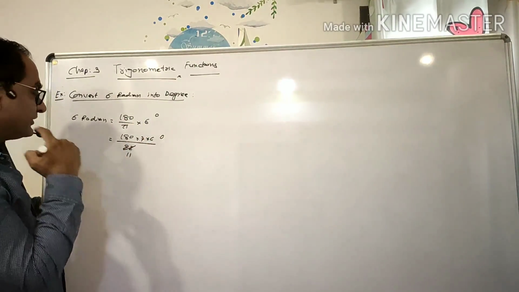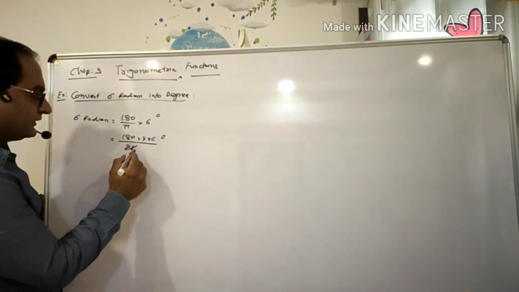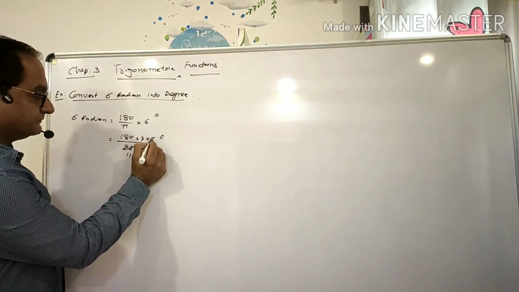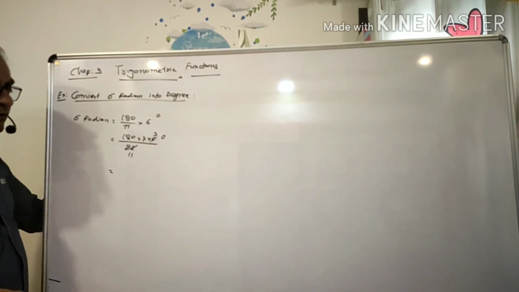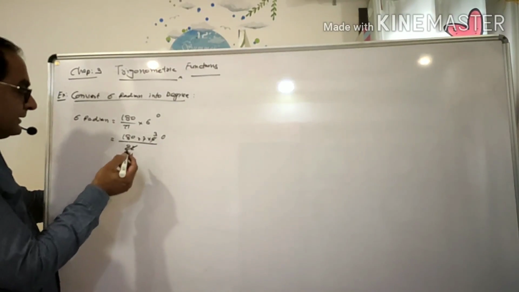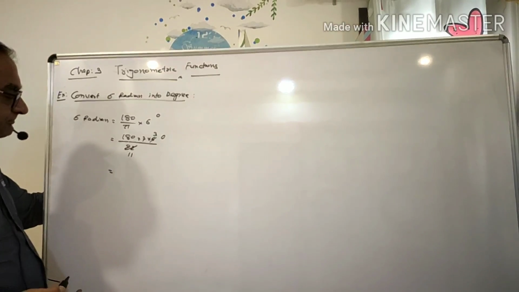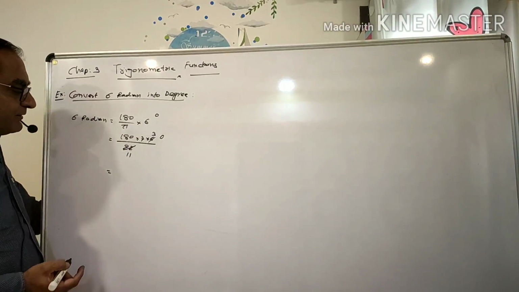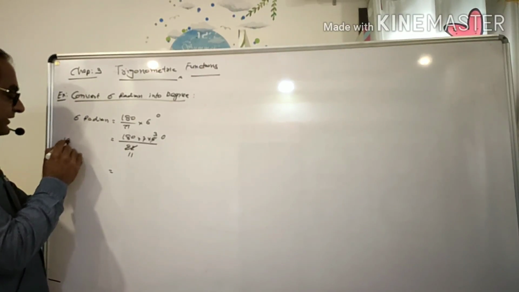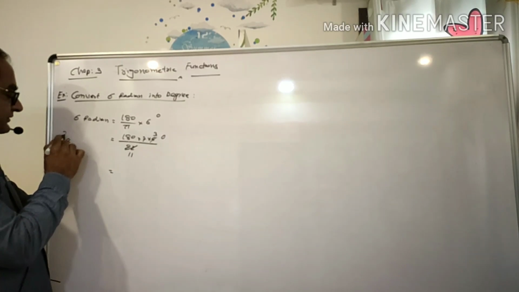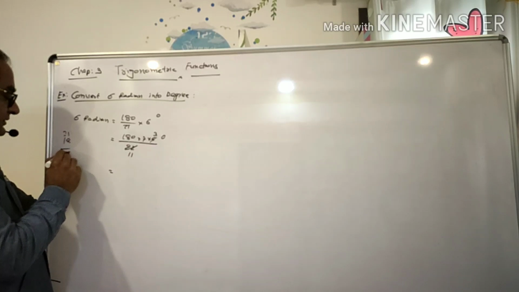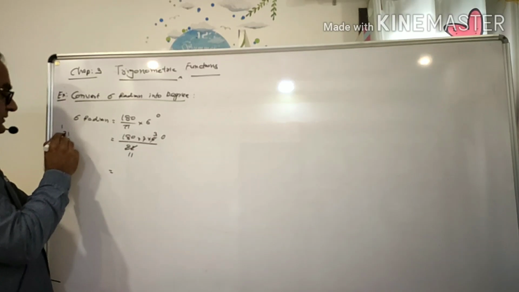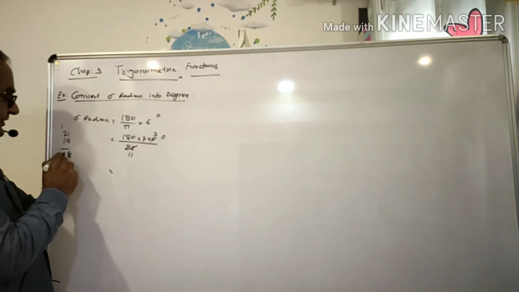2 11s are 22 and 2 3s are 6. There is no further simplification, so we will have to use multiplication. 18, 21, 73, 378.